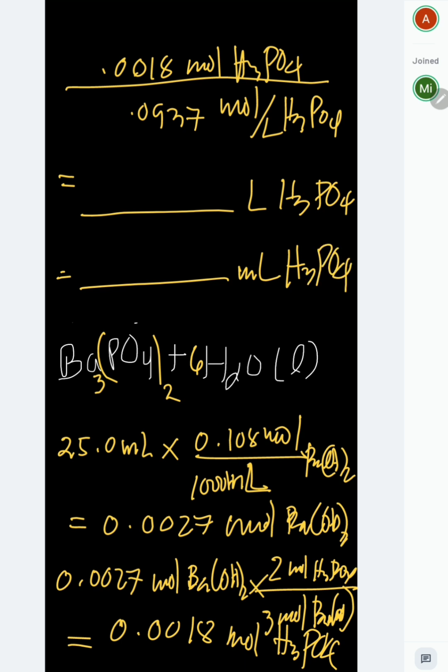So what is the answer? You divide 0.0018 by 0.0937. No, you divide.